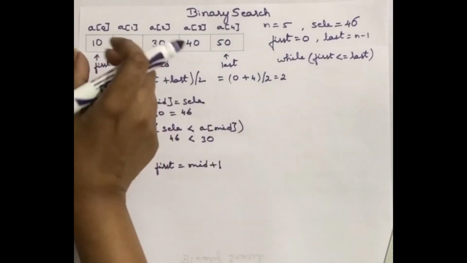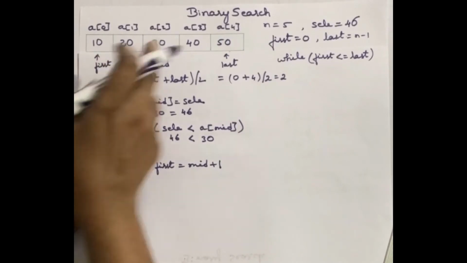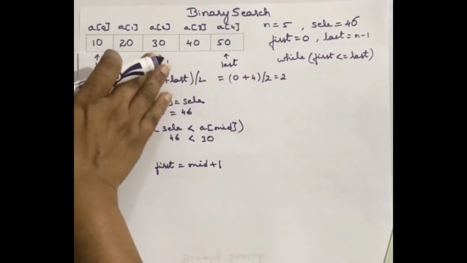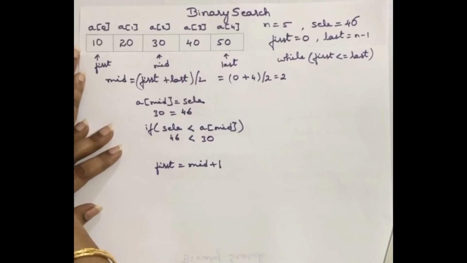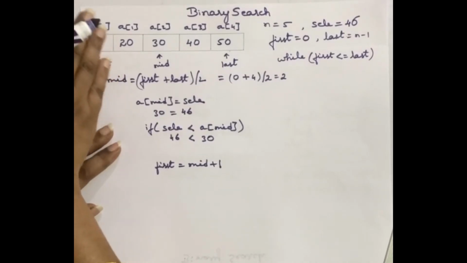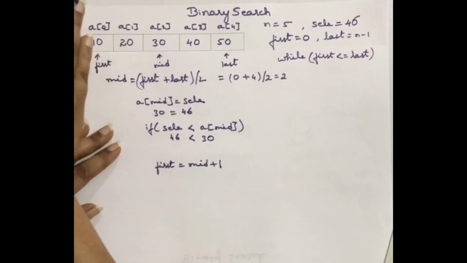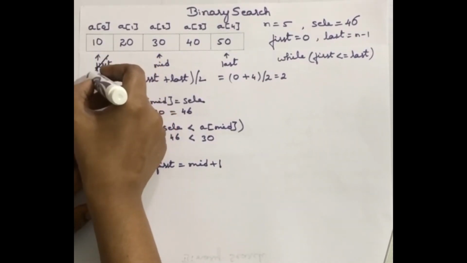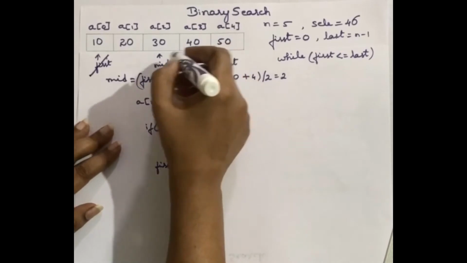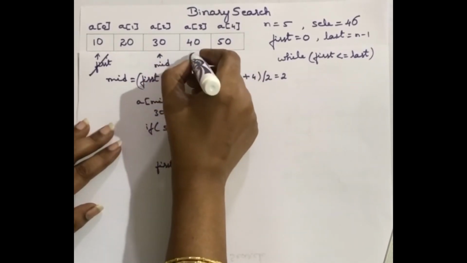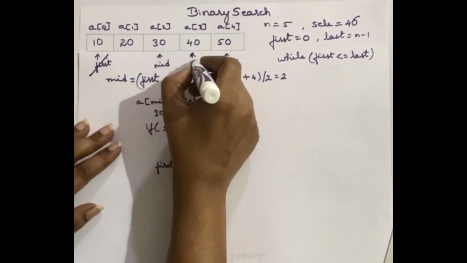That means I need not search for 46 below the value 30 because the numbers which are stored in binary search are in ascending order. So there is no possibility of finding 46 before 30. So I need to move only the first pointer to the location which is next to mid. So I will make this as first.